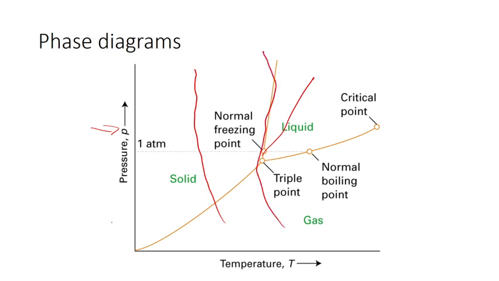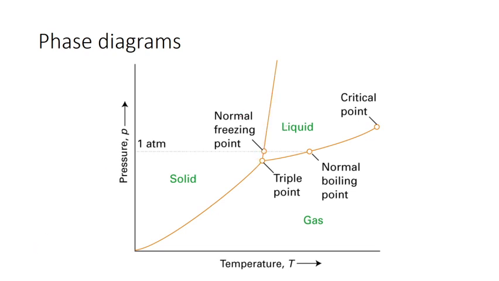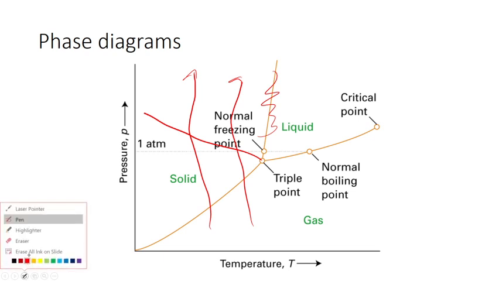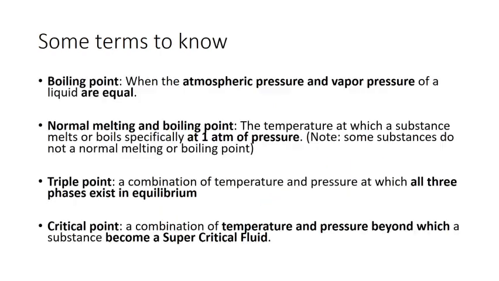That means it is densest in the solid phase. If, however, we had something that looked like that, as you put pressure on it, it's more likely to become a liquid, which would mean that substance would be denser in the liquid phase. So that is a way that, looking at a phase diagram, you can tell what phase something is densest in.